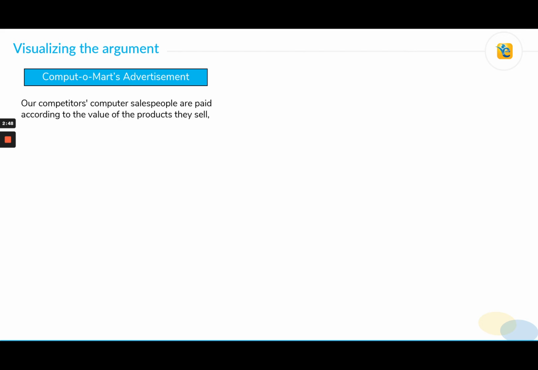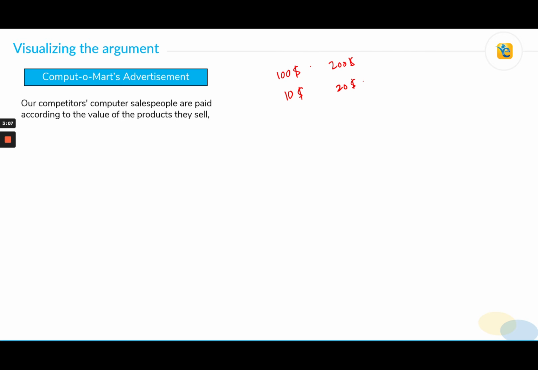What we're being told is their pay structure is such that they get paid as per the value of what they sell. In simple words, if I am one of these salespeople, if I sell a $100 laptop, let's say I get $10 as commission. Now, instead, if I sell a $200 laptop, I will be getting $20 as commission.